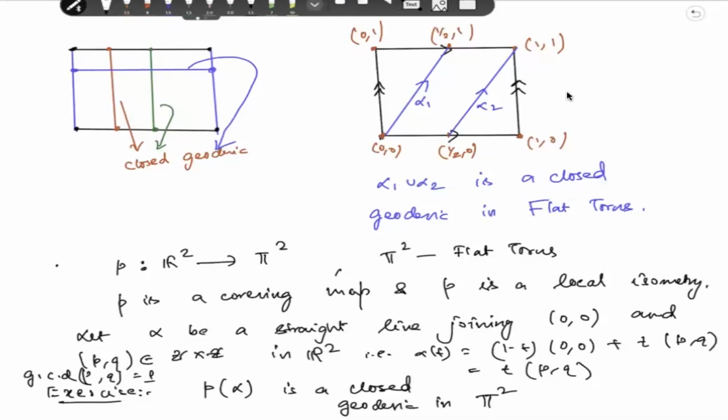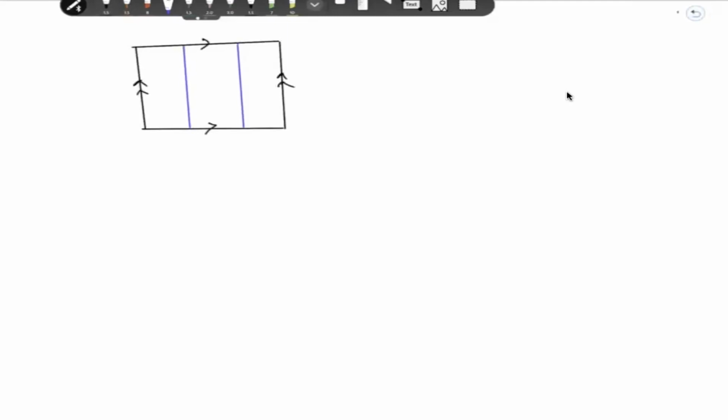Okay, another observation in the torus. This is my torus, opposite sides are identified. If I take two vertical closed geodesics, these are two different vertical closed geodesics.